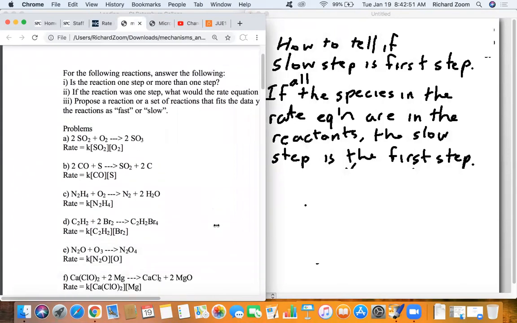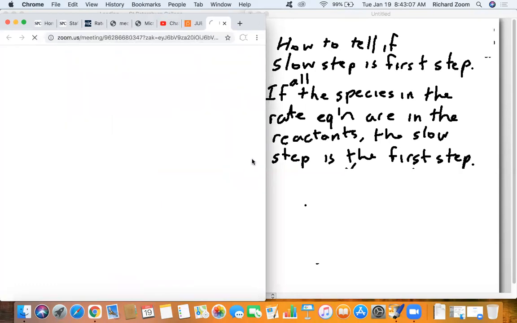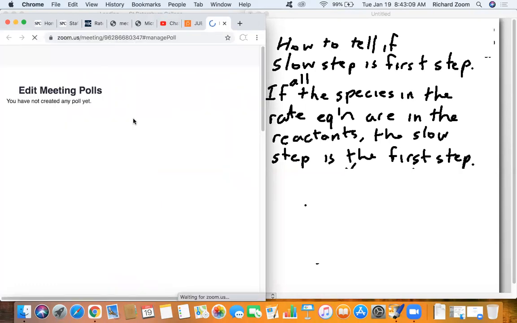All right, let's look at B. Is the slow step the first step? What do you all think? I might be able to do a poll here.